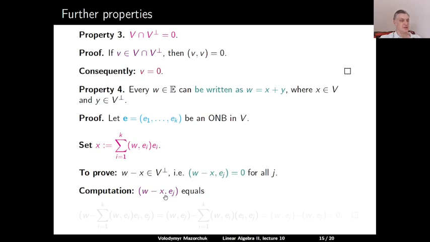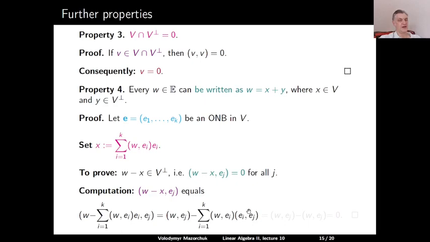Let's compute the scalar product between w minus x and ej. So we plug in the expression of x, which we used to define it, and use the bilinearity of the scalar product. So we get the scalar product between w and ej minus the sum over all i from 1 to k of the scalar product between w and ei times the scalar product between ei and ej.